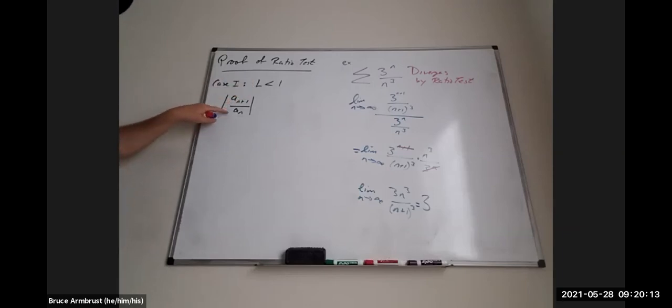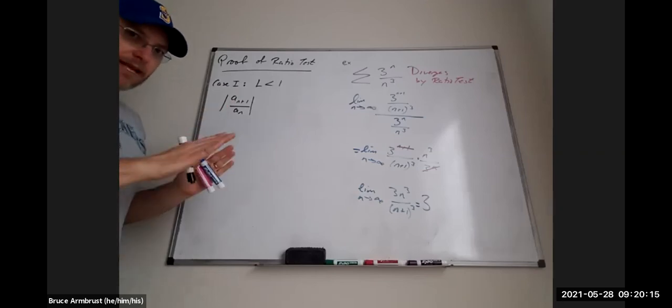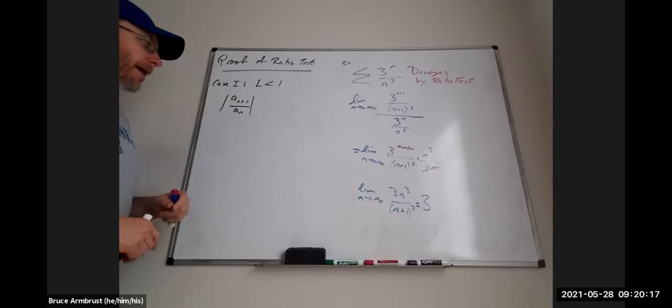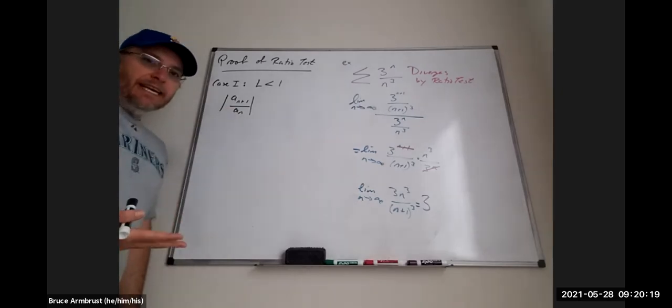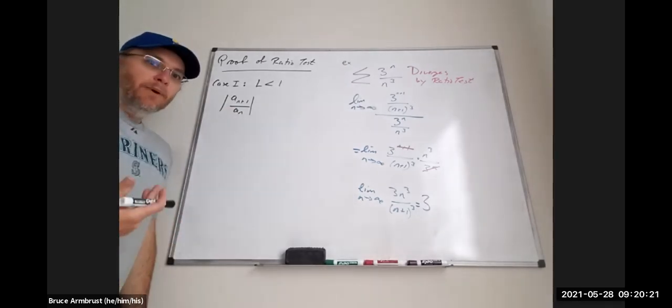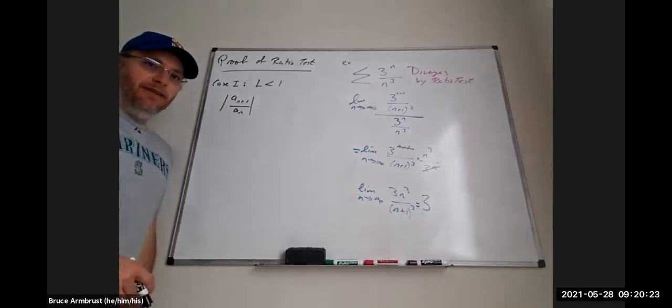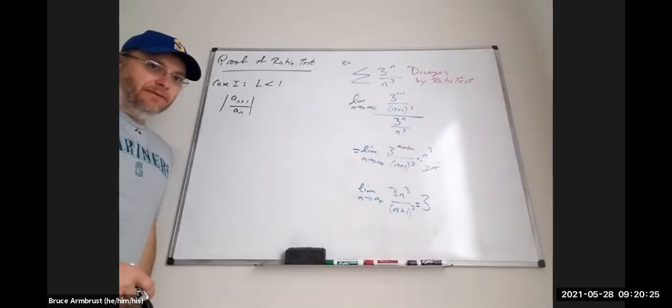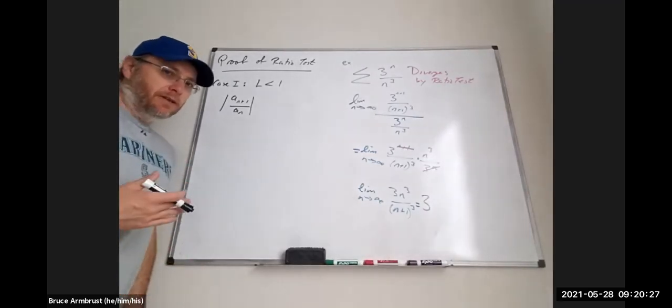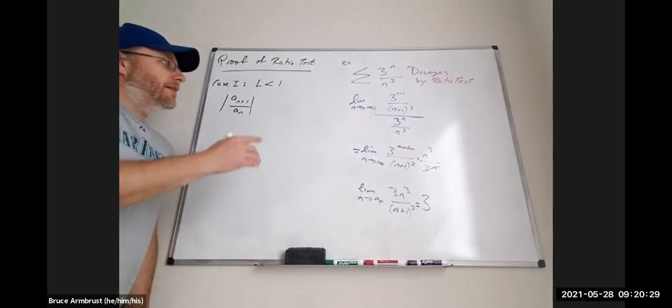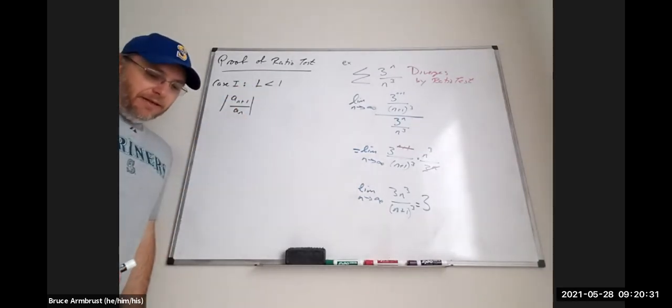So if I just take any two terms, I don't know that this ratio actually equals L, but it's going to get really close to L, right? As close as we want to L. That's what it means for that limit to exist.